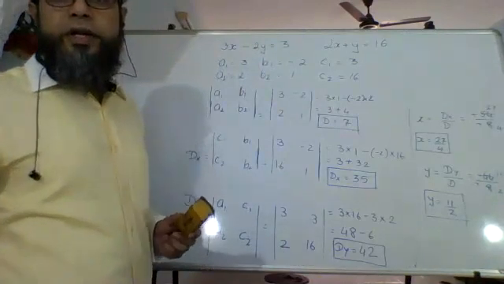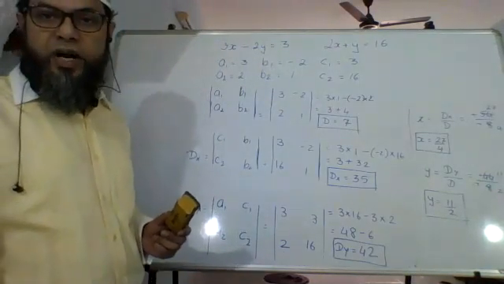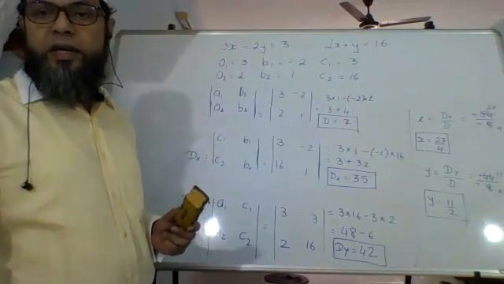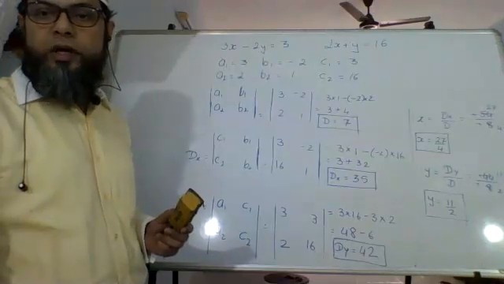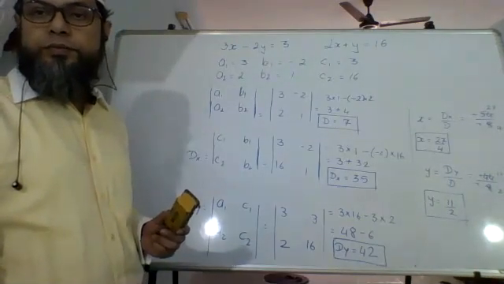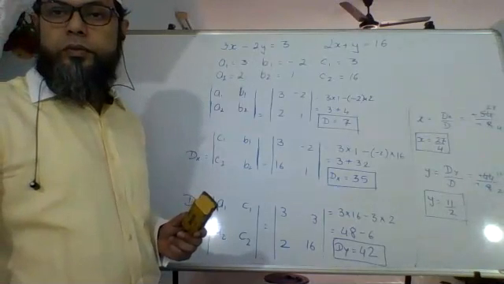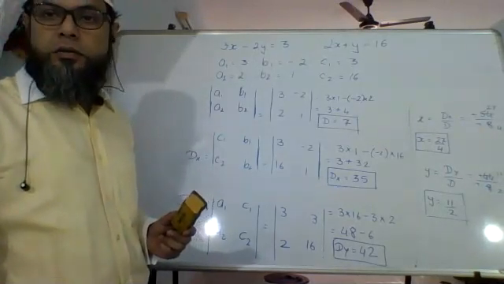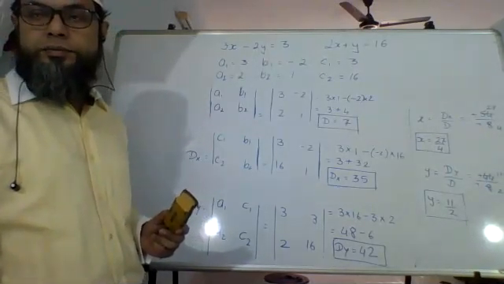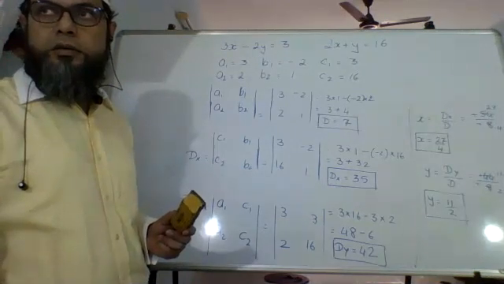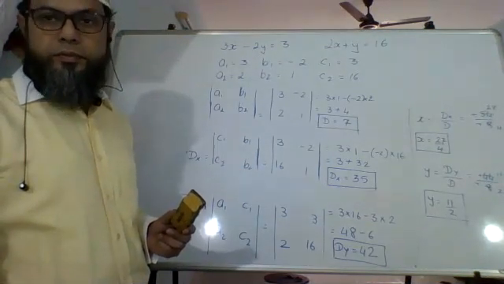So we have got D as 7, Dx 35, Dy 42. Is this clear? Can you all hear me clearly? Okay.